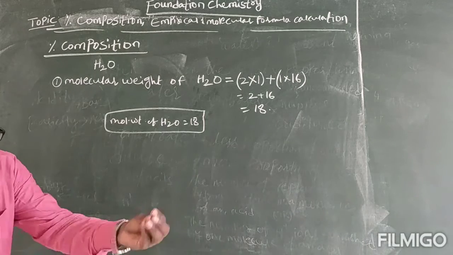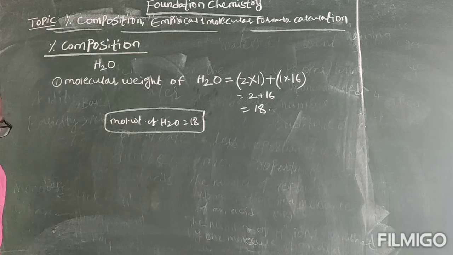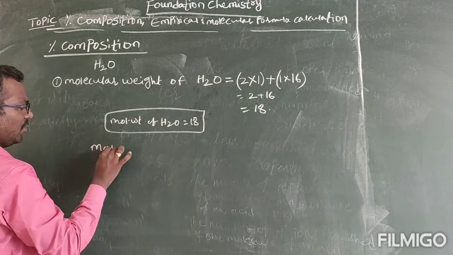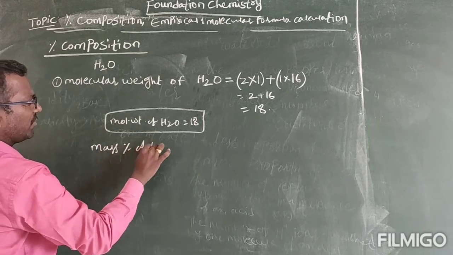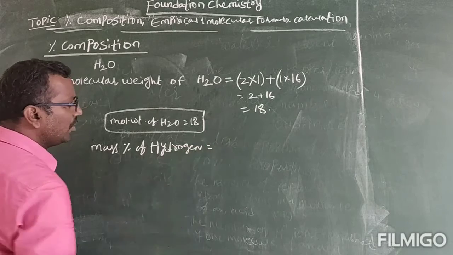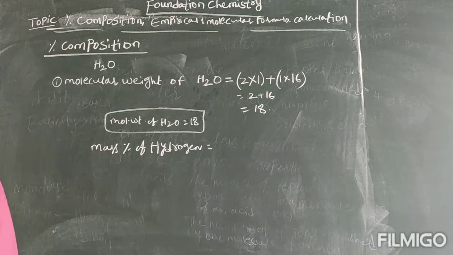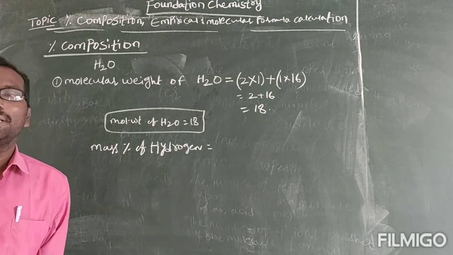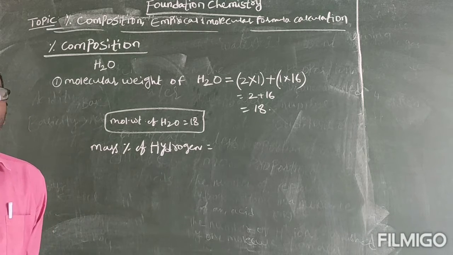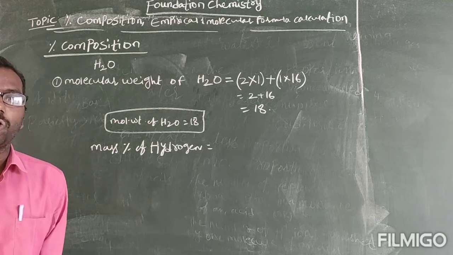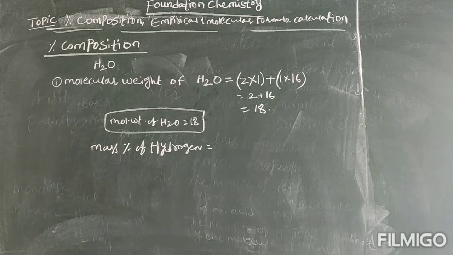Now I need to calculate the mass percentage of hydrogen. What will be the general percentage formula? Suppose in a class of boys and girls, what is the percentage of girls? You will write the number of girls by total number of students into 100.